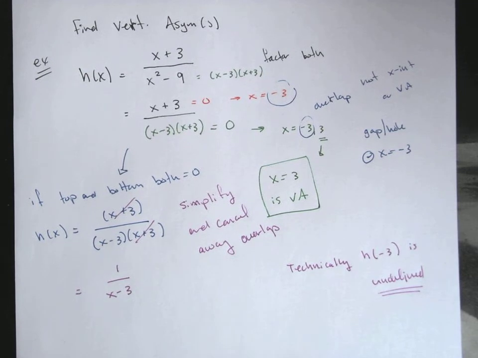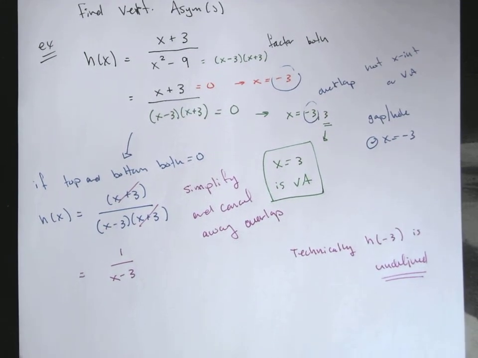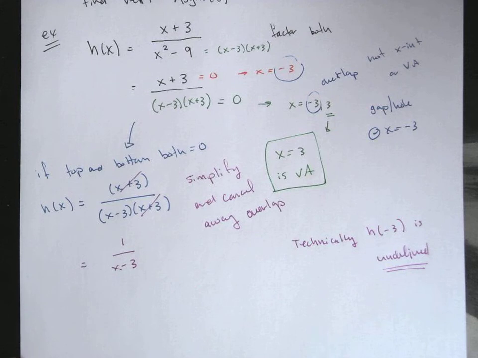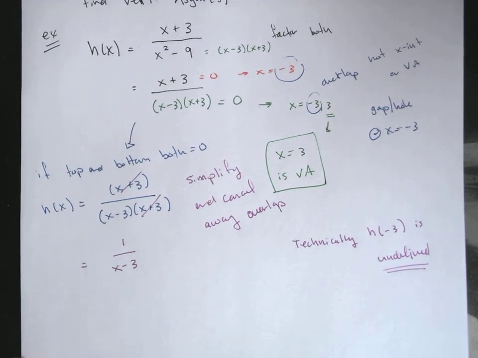If we do this simplification and cancel out, it's not going to give us an actual number to plug in and graph, but it is going to tell us where the hole exists, and we can plot that hole as an open circle.